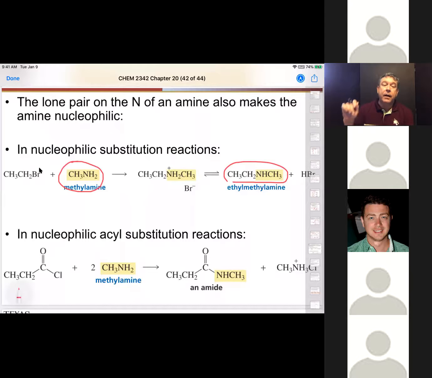However, by using the amine as a nucleophile in an acyl substitution reaction instead of an SN2 type reaction, remember, in an acyl substitution reaction, we displace the weaker base, and in this case, it's the chloride, and generate mono substitution.